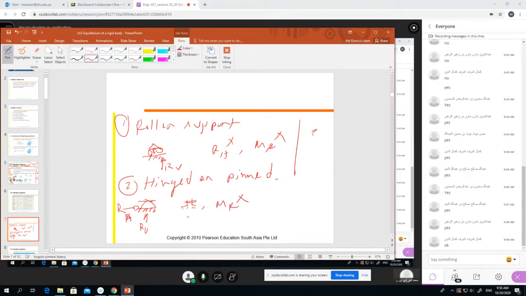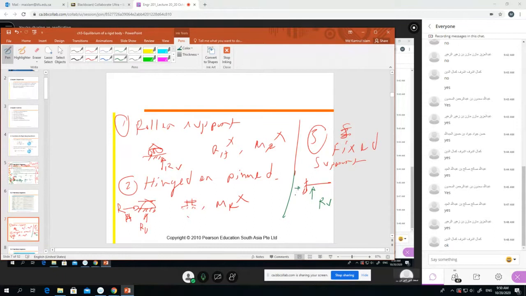Okay, number three is fixed support, right? It is drawn like this in freehand drawing. We draw like this usually.